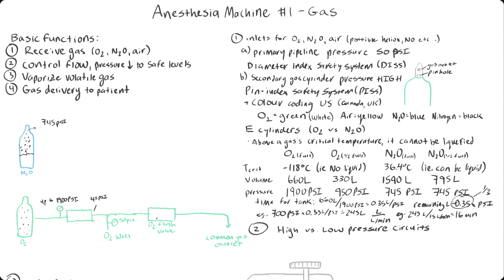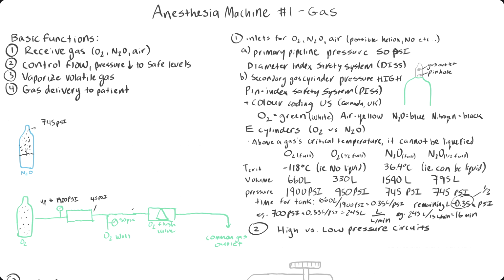Let's make this look a little bit different because the O2 flush valve is different than these pressure regulating valves, which will just be plain boxes. Now this is essentially our simplest path for the oxygen to take to the patient, and it's not very elegant because we're just blasting them with 50 psi when our O2 flush valve is open.